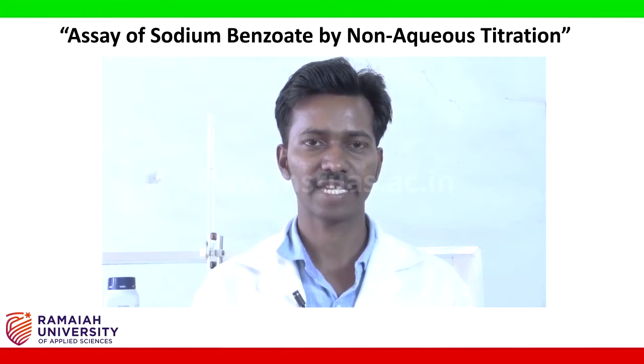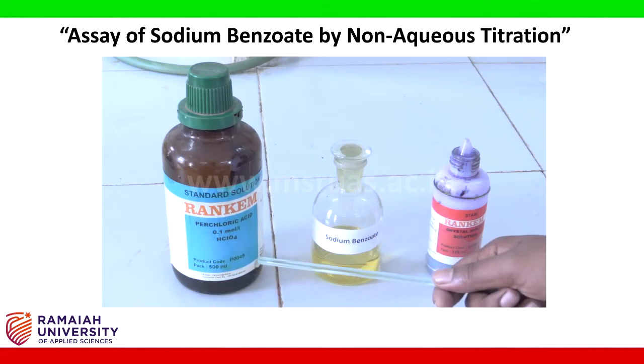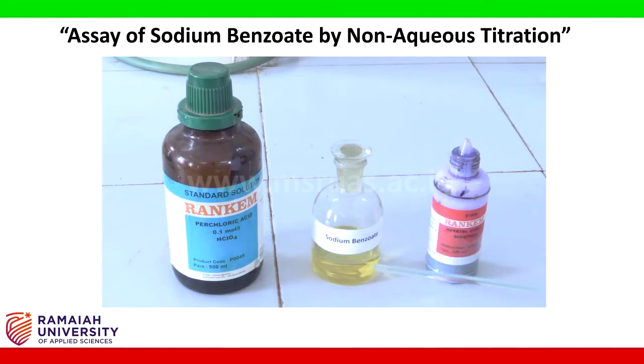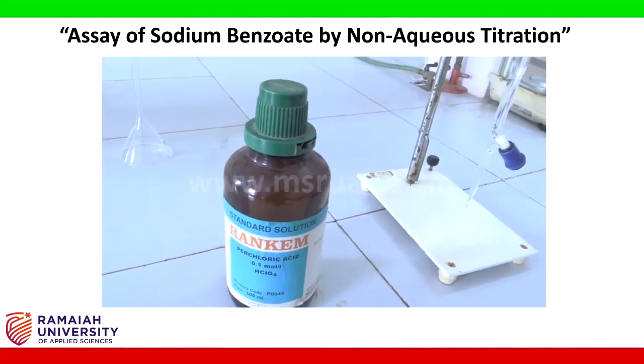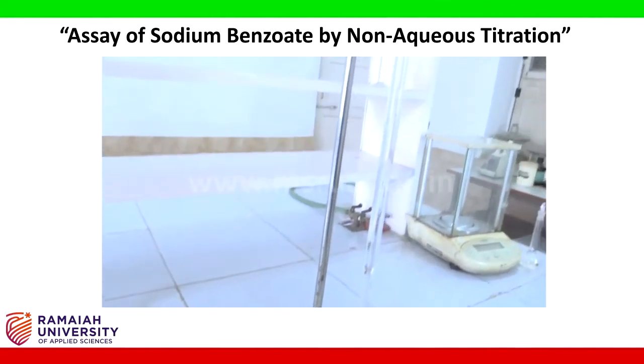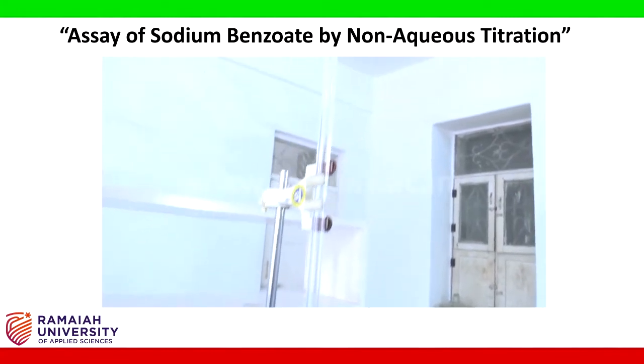Now let's start the assay of sodium benzoate. The chemicals required for the experiments are perchloric acid solution, sodium benzoate, crystal violet solution. Fill the perchloric acid solution into the burette up to the mark using a funnel.